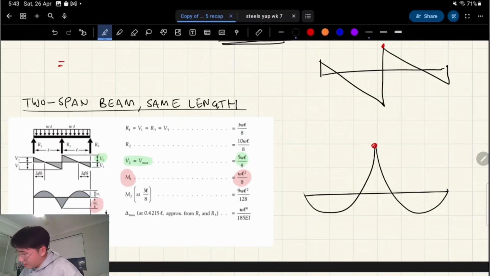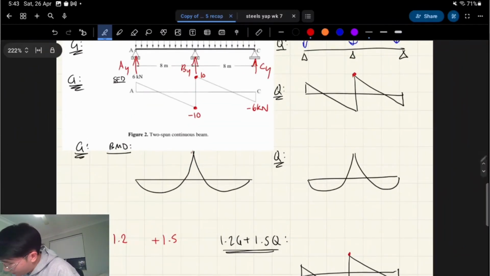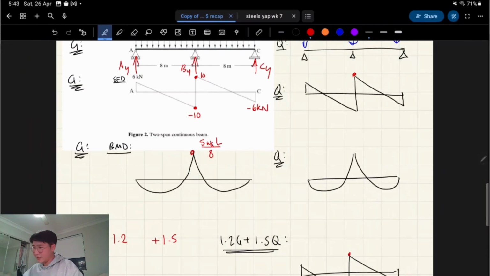So we know that the max shear force is going to be 5WL on 8. Now that W is going to be WG, which is 2, because we're looking at just the dead load case.